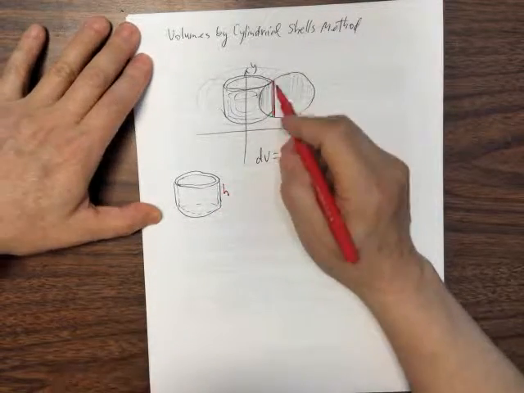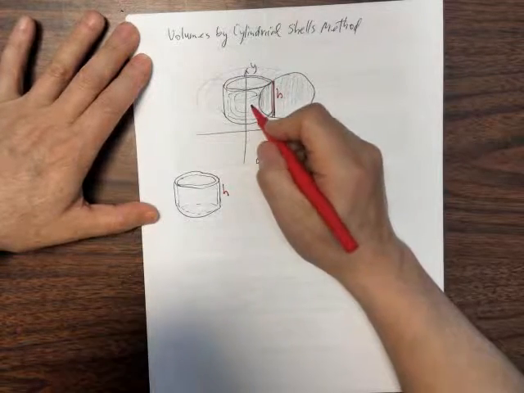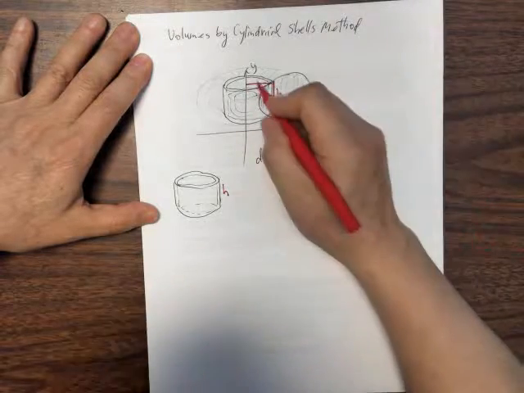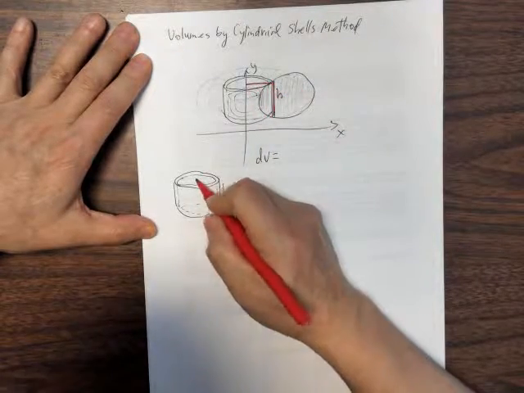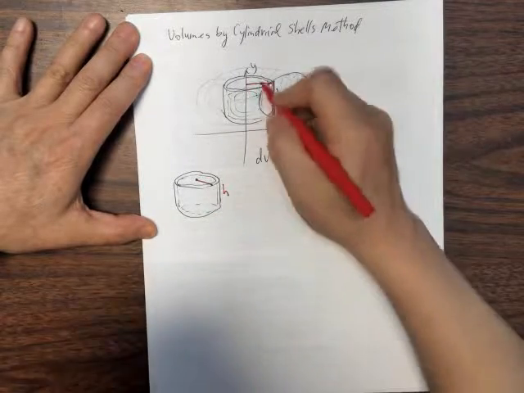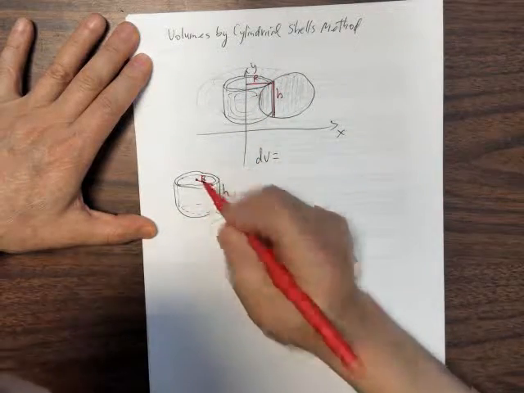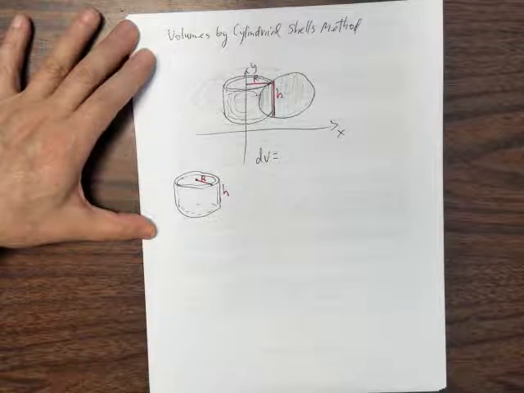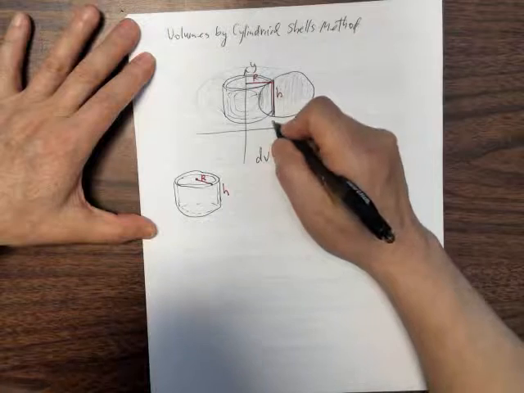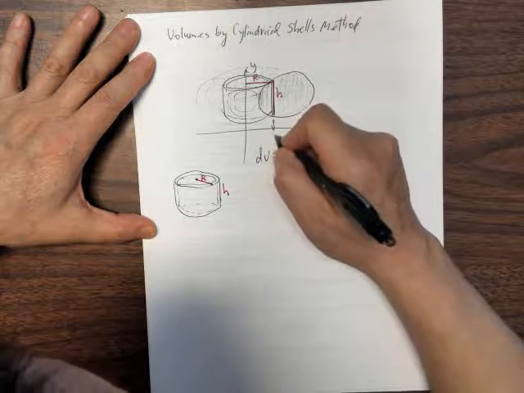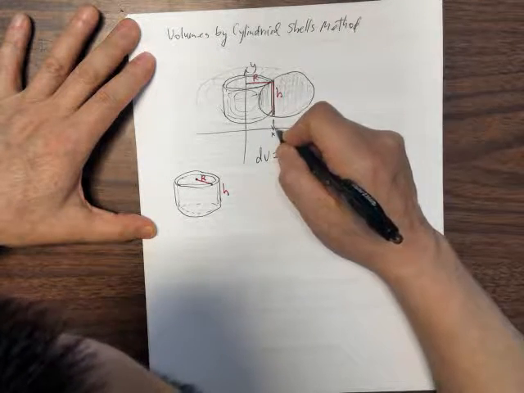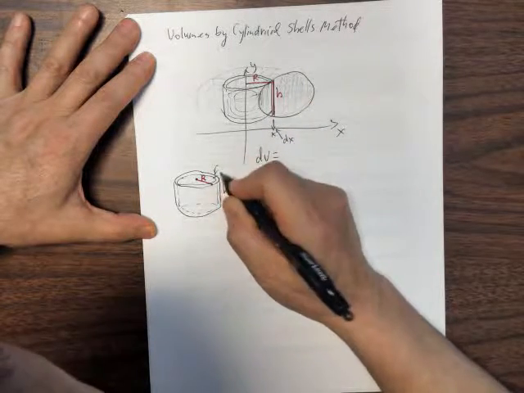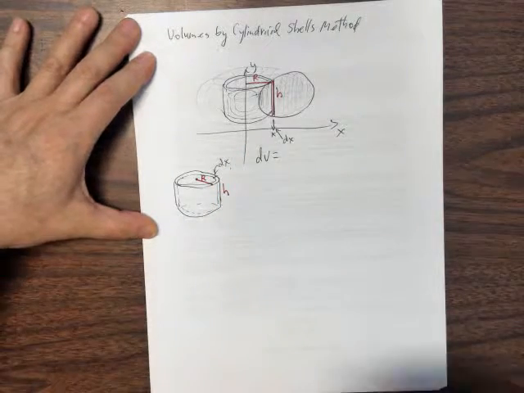Notice the cross section of the shell is a circle, so there's a radius, the same as the radius here, called r. The strip we pick up is a vertical strip at the location x with thickness dx. So the thickness of this shell is dx here.